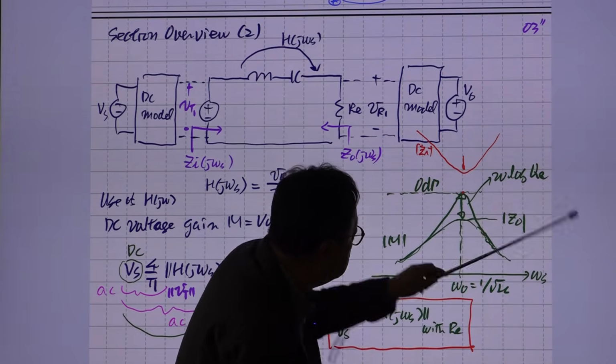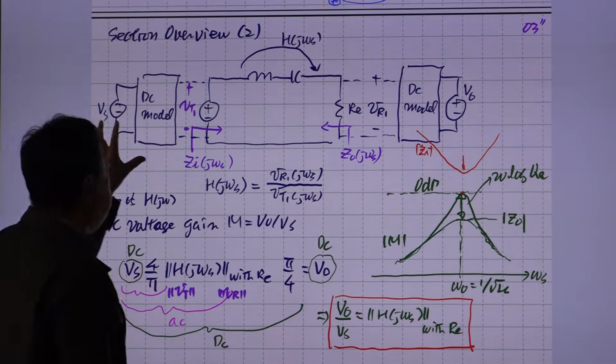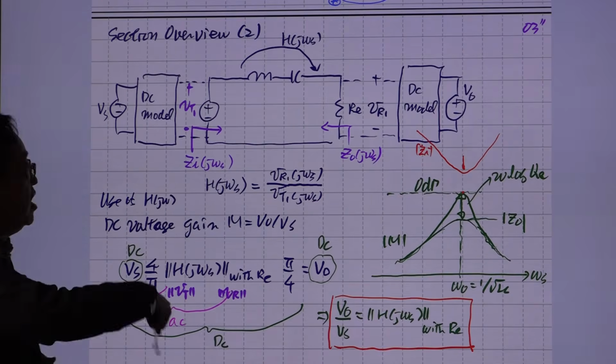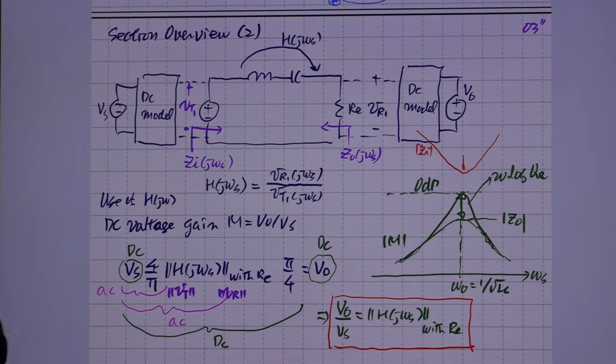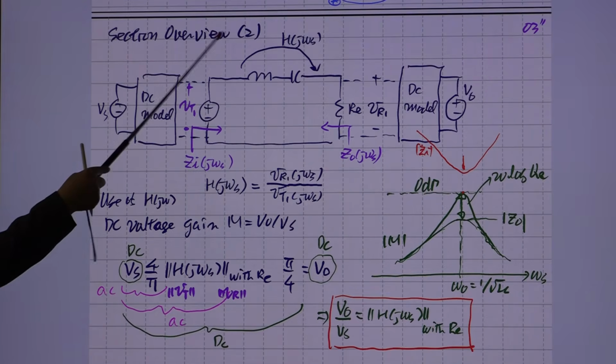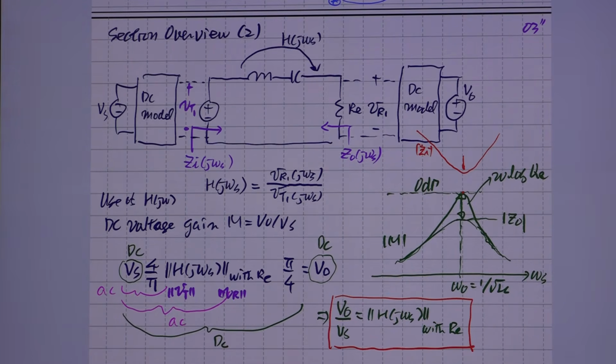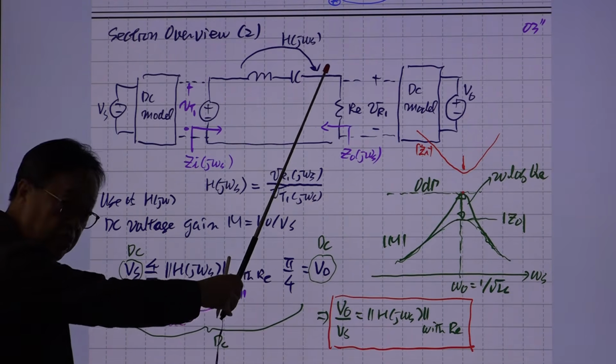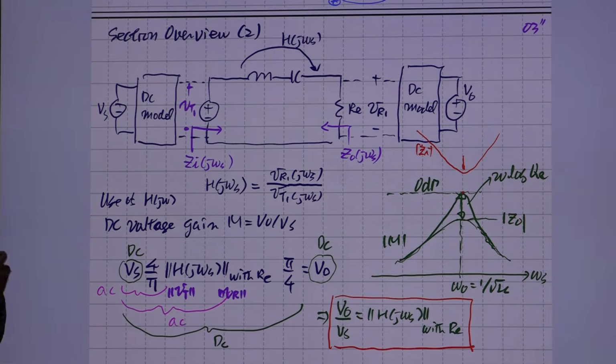Maybe this part is 0.5. Then you apply 10 volts DC, then the output will be 5 volts DC. That is the meaning of this analysis. So this is called the first harmonic model of this series resonant converter. We just use the input-output transfer function of this tank circuit, but there are other things you can use. First one is this impedance.